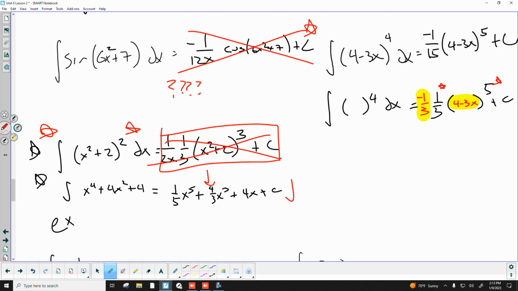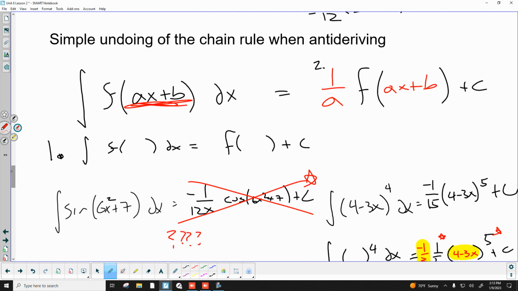Were all the ones wrong? Like, what is going on? No, I'm teaching you a valuable lesson here. It only works when x to the first power is on the inside. This does not work if inside parentheses there's any other power of x.